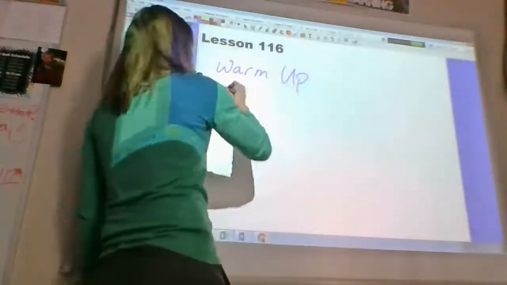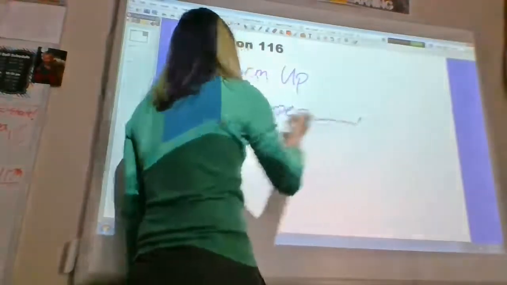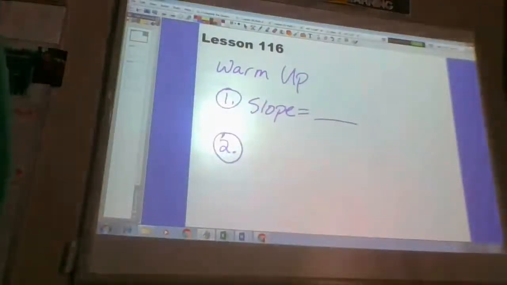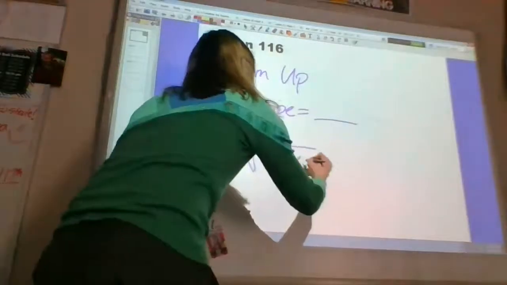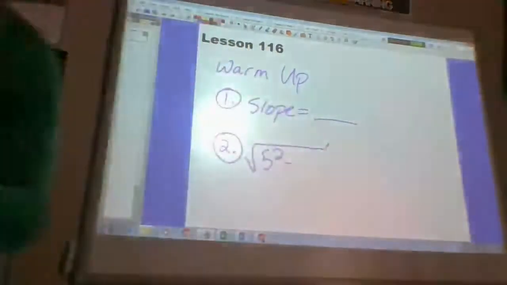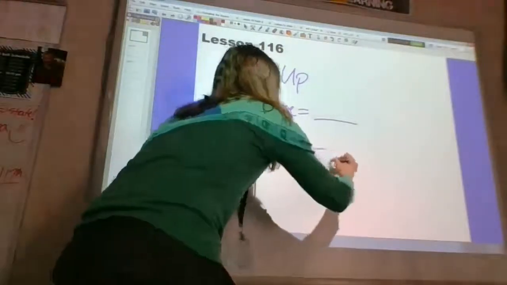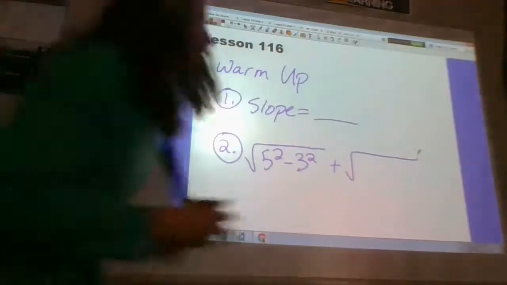let's first say, what is slope? What over what? The second question I have is the square root of 5 squared minus 3 squared plus the square root of 5 squared minus 4 squared.